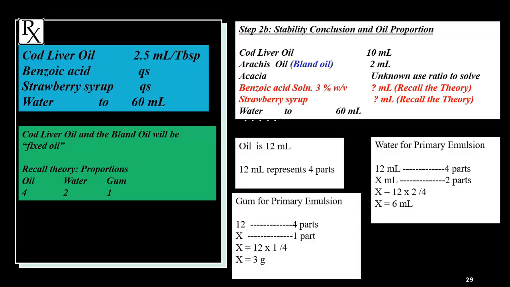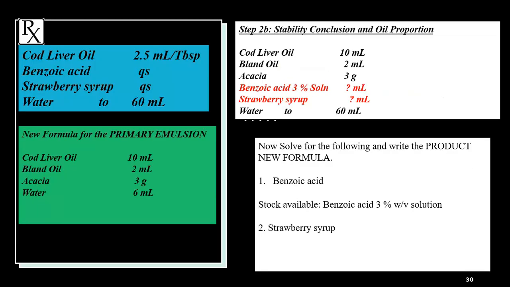Remember, the gum is a powder, and so it's 3 grams based on the calculation. So the primary emulsion for this question will be cod liver oil, 10 ml, arachis oil, 2 ml, water, 6 milliliters, and acacia, 3 grams. So there it is. You have your new formula for your primary.